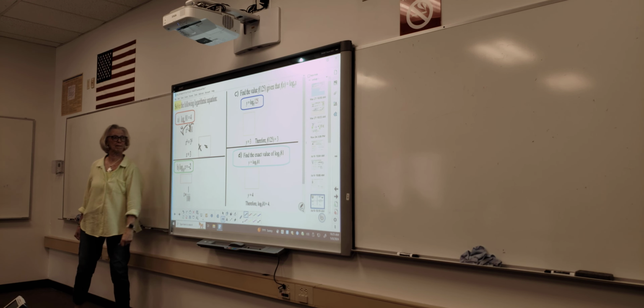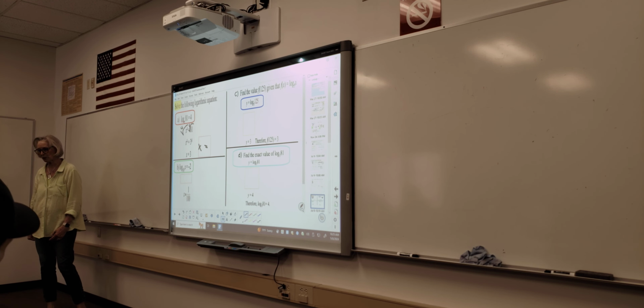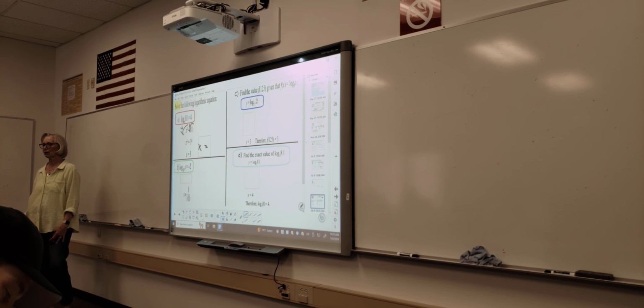Show me work. It's written as a log problem. Can't use the calculator, so write it as an exponent problem and see if you understand how to do the work.